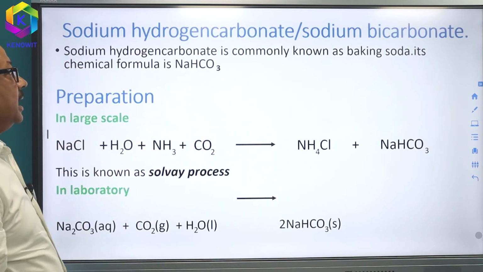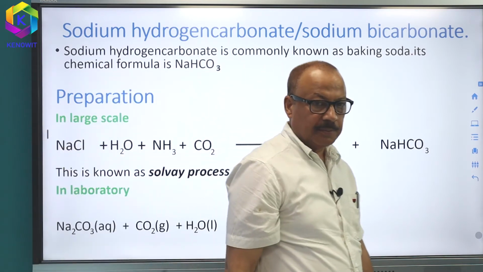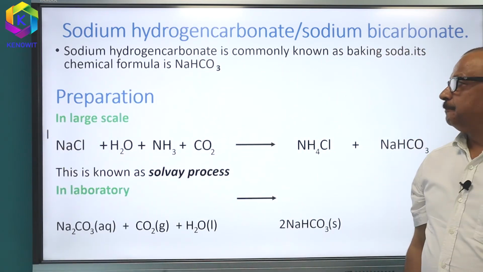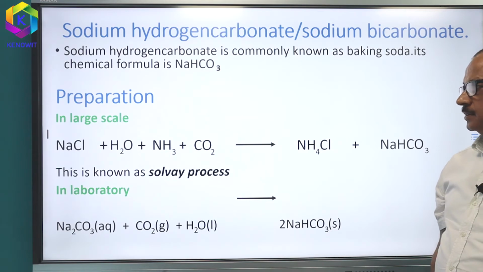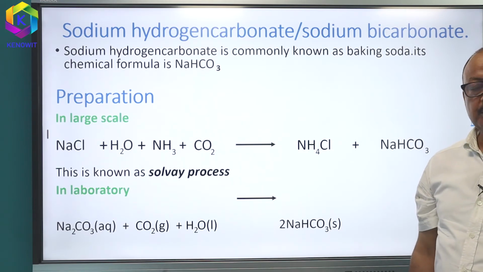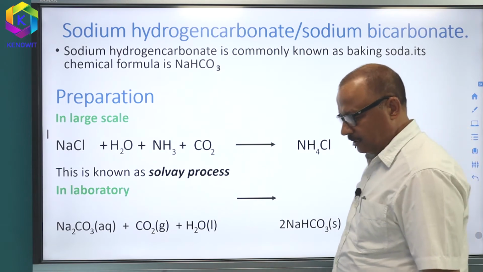Then sodium hydrogen carbonate or sodium bicarbonate, this is a very important compound. In this case, the aqueous solution of sodium chloride, known as brine solution, NaCl plus water, is treated with ammonia and carbon dioxide. So ammonium chloride and sodium hydrogen carbonate are formed.